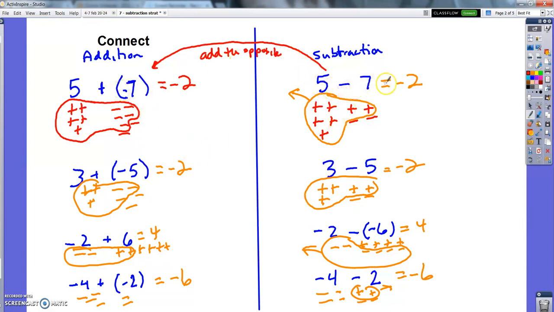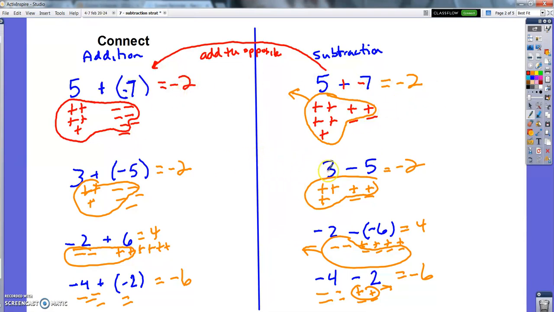I can take 5 minus 7, and instead of subtracting, I can add. But instead of adding that number, I just add the opposite number, and I get the same answer.